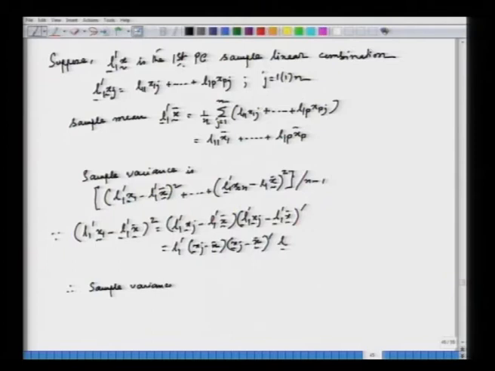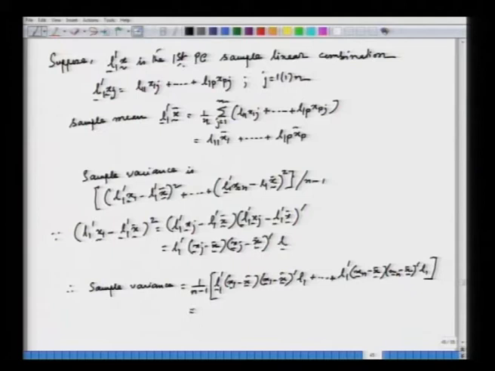And so the sample variance is also equal to another form: 1 by n minus 1 times the sum of L1 transpose (x1 minus x bar)(x1 minus x bar) transpose L1 up to L1 transpose (xn minus x bar)(xn minus x bar) transpose L1.